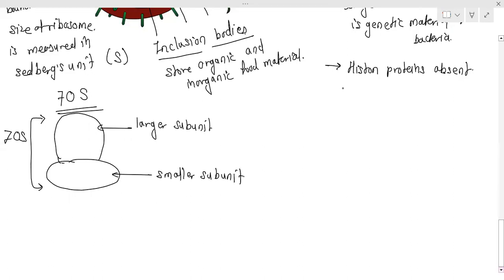Remember, the larger subunit is 50S and the smaller subunit is 30S. Don't think 50 plus 30 is 80; the total size is 70. It's not the normal summation. Understanding? This is the size of the bacterial ribosome. Clear?